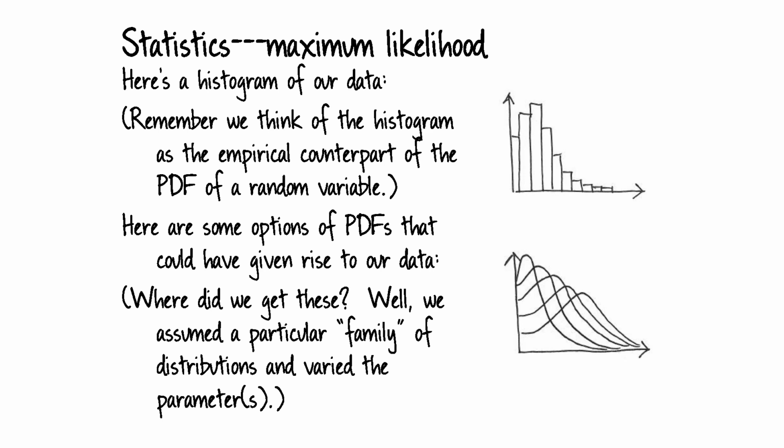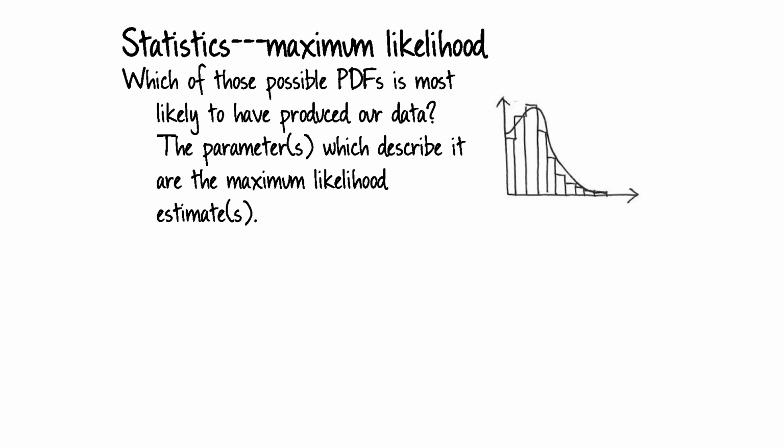So how do we choose which one of those? Well, just intuitively or graphically, we want to choose the one that fits our histogram the best, right? Okay, so that's what we do. We choose the member of the family of distributions that's most likely to have produced our data. So if we chose a member of the family whose shape was much different than our histogram, then it's unlikely that that parameter would have produced the data that we saw.